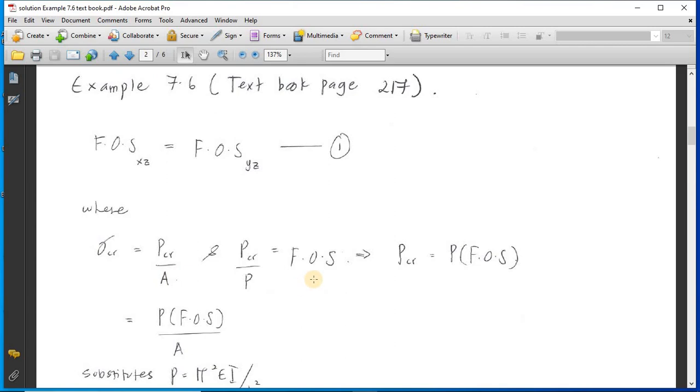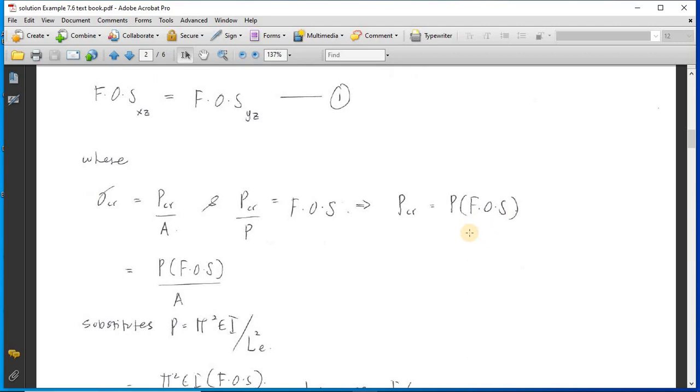From the FOS equation, we can get that PCR is equal to P multiplied by FOS.